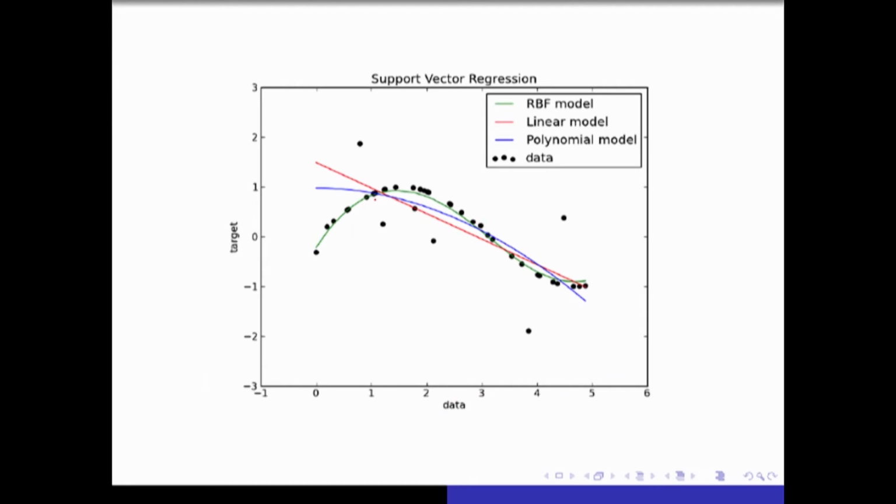And does it help empirically? Well, it turns out that there are kernels such as the RBF kernel, where k of x1 x2 is an exponentiated distance.